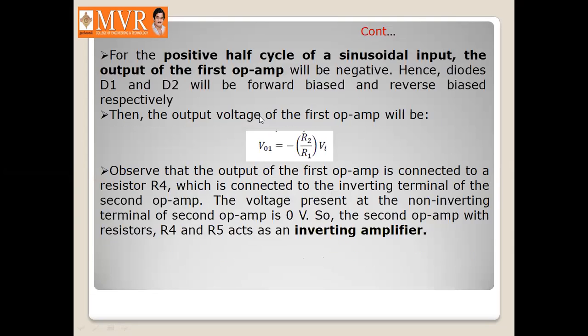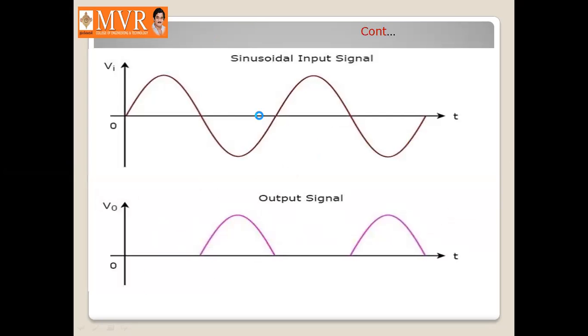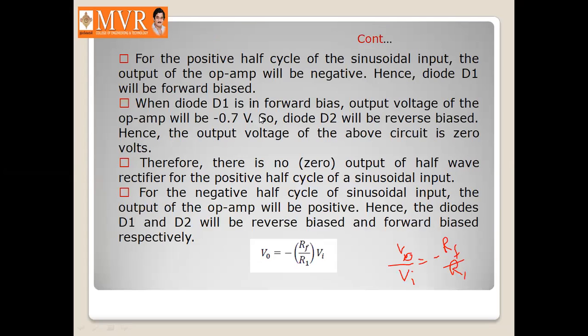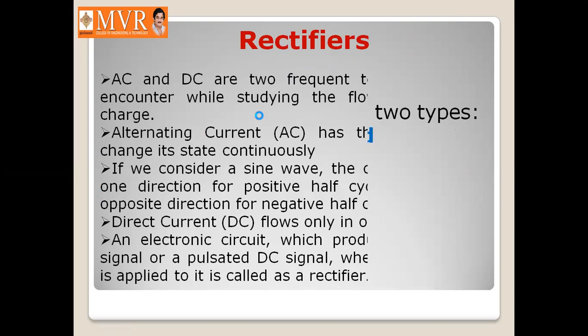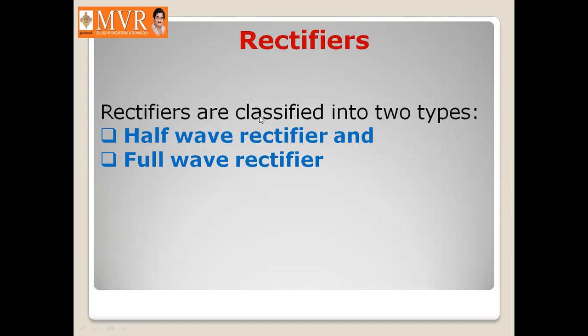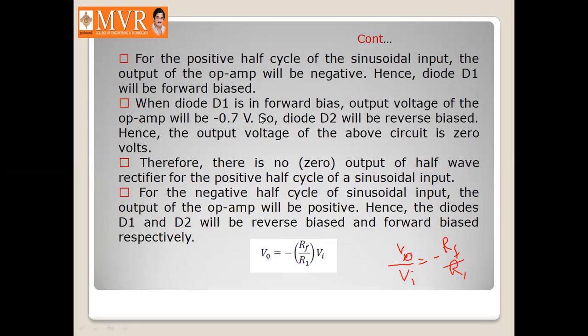So in this class, we have discussed rectifier circuits mainly. Rectifier circuits are of two types: half wave rectifier as well as full wave rectifier. Here we have implemented the rectifiers using the operational amplifier. When we use this op amp for rectification purposes, we have discussed two rectifiers, one a half wave rectifier and the other a full wave rectifier.